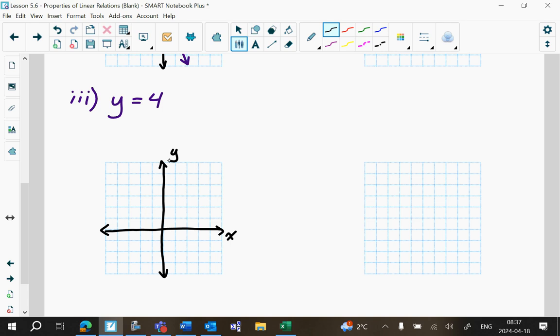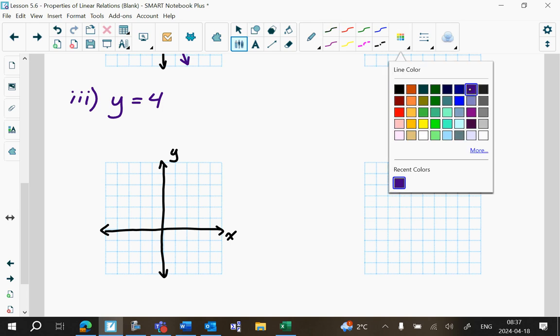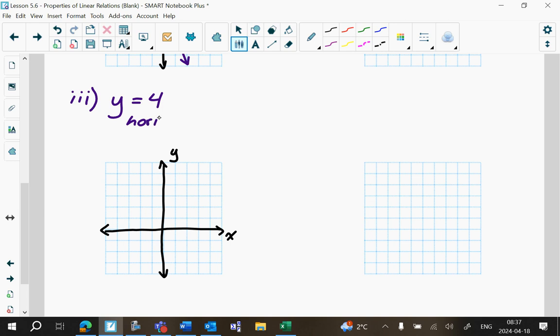So yes, it's a horizontal line through every point where y is equal to 4. So we pick a point where the y coordinate is 4, 0, 4 seems to be the easiest one. And then we draw a horizontal line through it. Is that linear? Yeah.